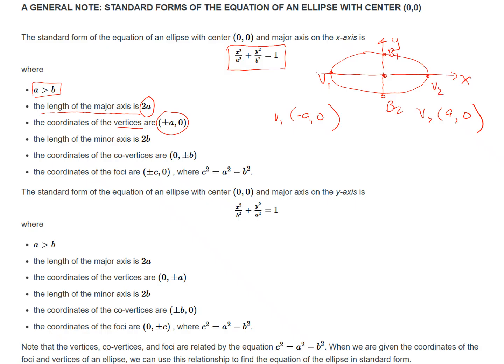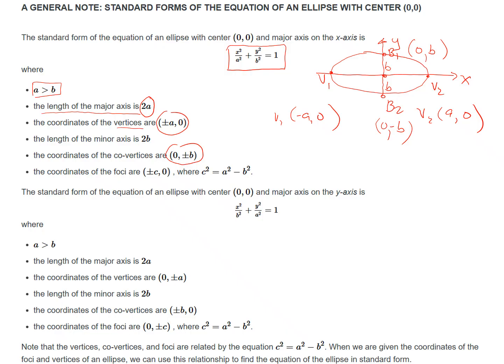So for the coordinates of the co-vertices, since b1 is on the y-axis, x equal to 0, and y, since this is b, going up, is positive b. Then for b2, this is still on the y-axis, so the abscissa is also 0, and since it is below the x-axis, this is minus b.